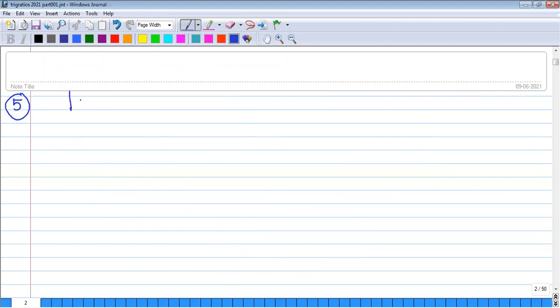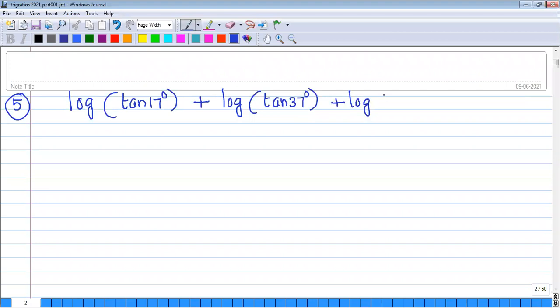Fifth one. Log of tan of 17 degrees plus log of tan of 37 degrees plus log of tan of 53 degrees plus log of tan of 73 degrees.